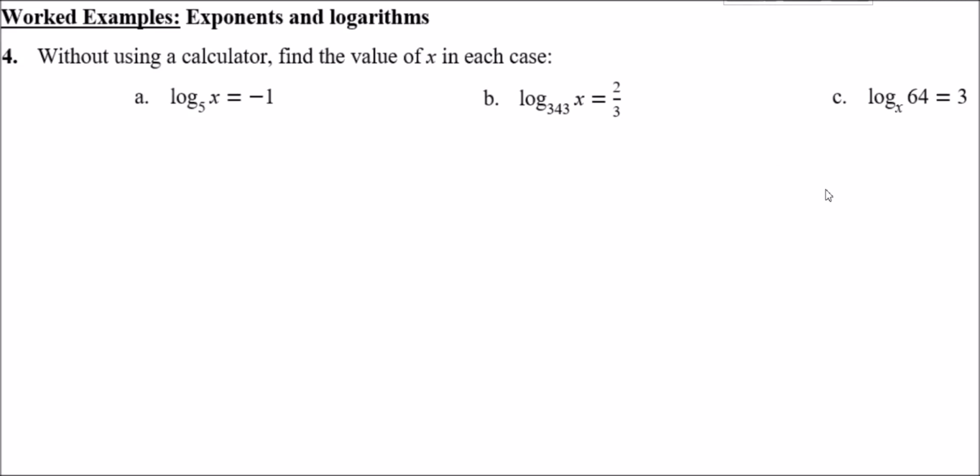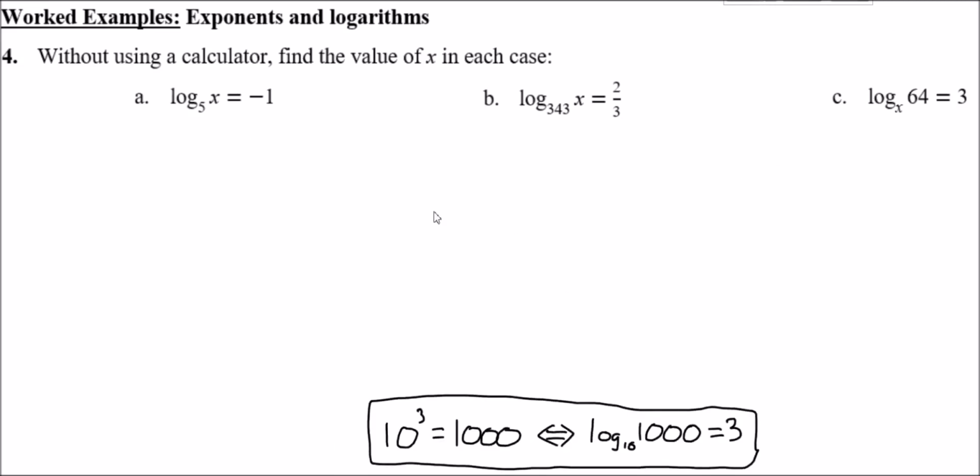Some final worked examples to have a look at here. So again, what I'm going to suggest we do is we refer back to the idea of 10 cubed equals 1,000, just to make this a bit simpler. So here, the unknown number for the first one is the number after the log. And so we want to work out what 1,000 would be. So how do these two numbers relate to the middle one? And so obviously you can see here from a real example, 10 cubed equals 1,000.